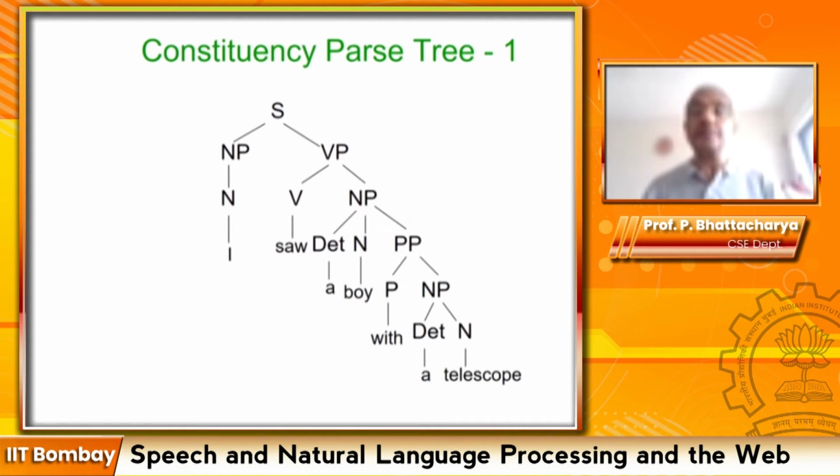Okay, so the challenge of parsing comes from ambiguity, like all other layers of natural language processing. And you have already encountered ambiguity and resolved it at the part of speech tagging level, and even at the morphological level. Everywhere you have encountered ambiguity.